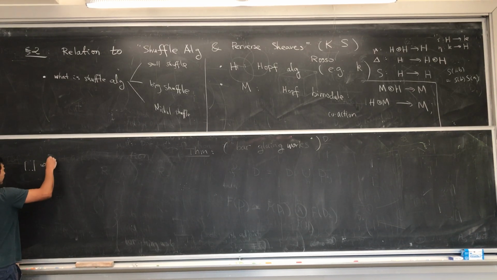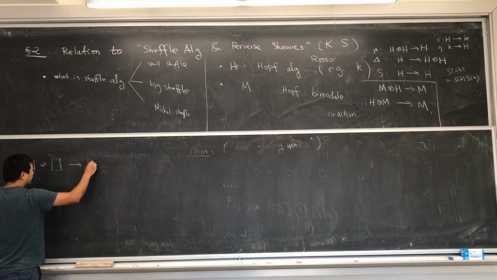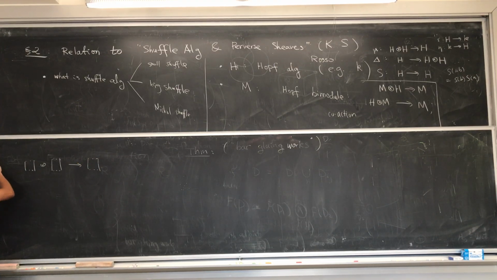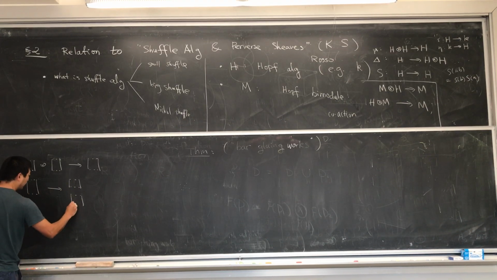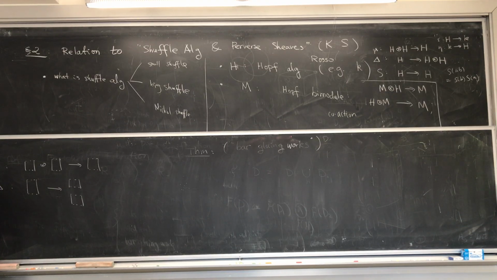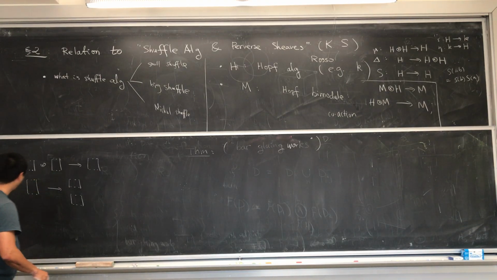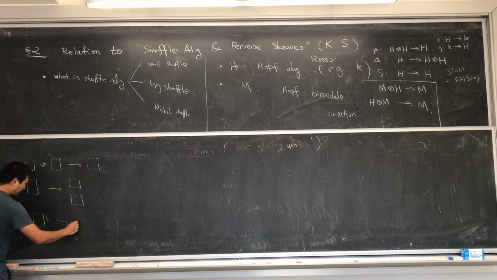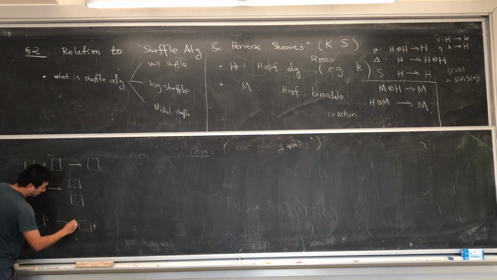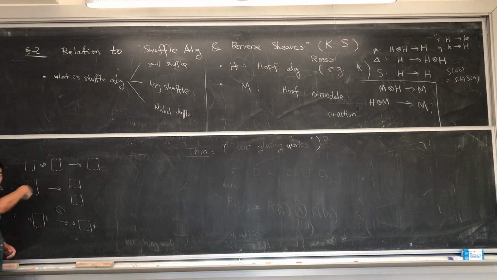So this is a multiplication. This is a co-multiplication. And there's also this antipode. It takes A and B and turns them upside down, rotating by 180 degrees.